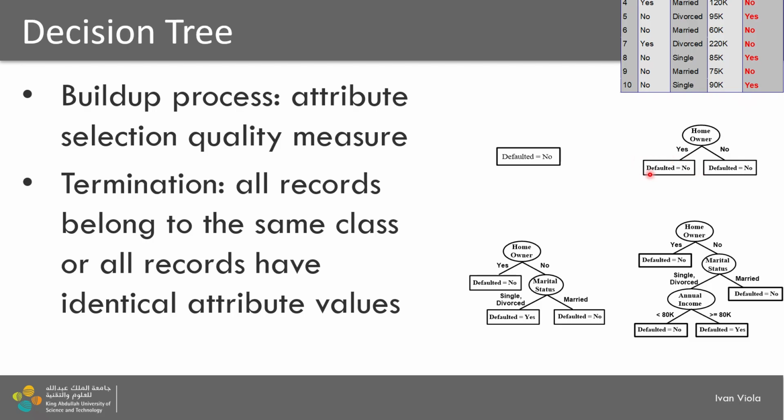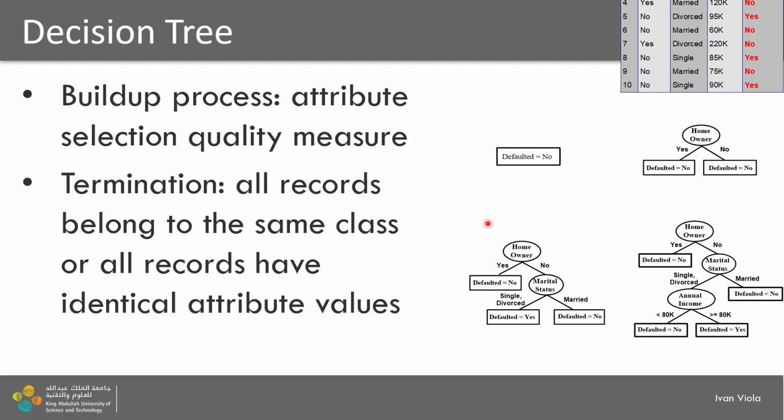So here is a no. And in the second case, if somebody was not a homeowner, although it's a mixed set of data records, the majority were not defaulted. So the answer will be no as well. Actually, this is not really a big decision because no matter which direction we go, both will be no. But we have now already created one group which is pure in the sense that all class members are having the class binary membership that they are not defaulted.